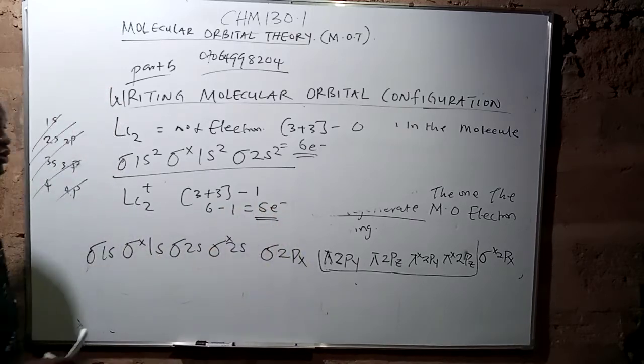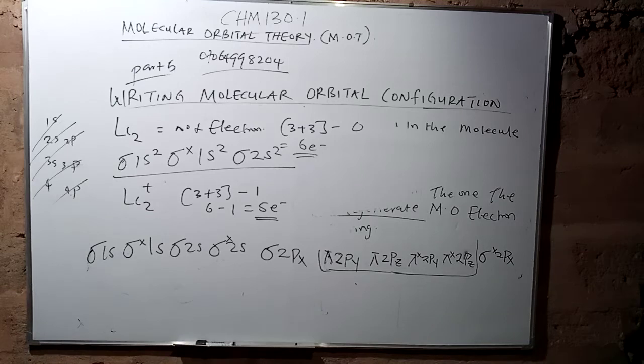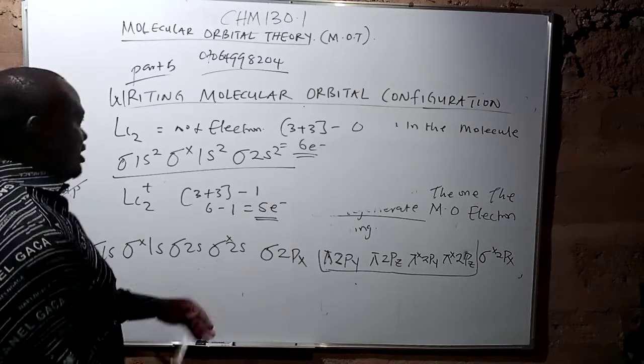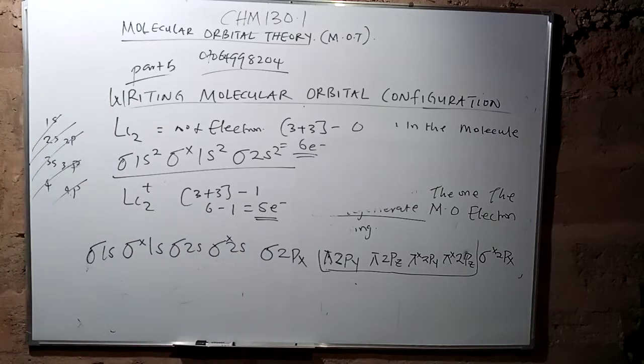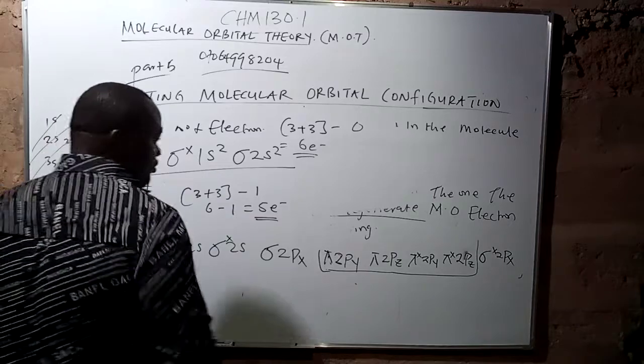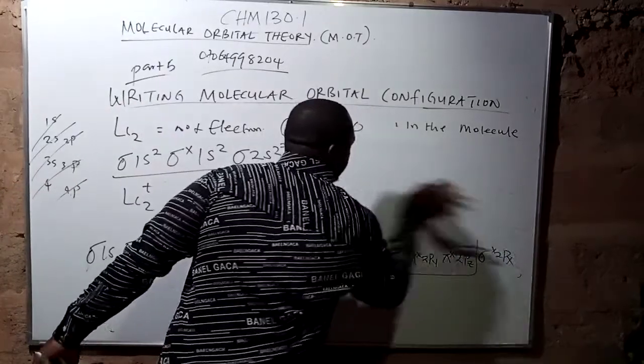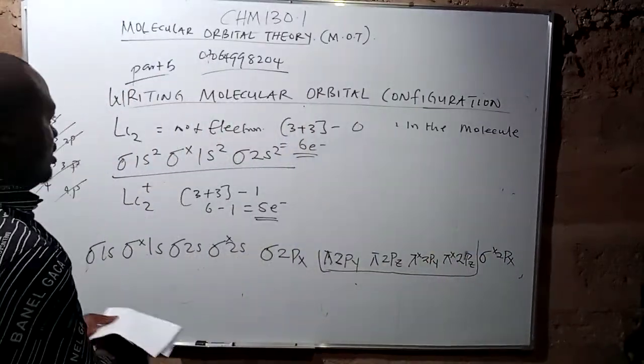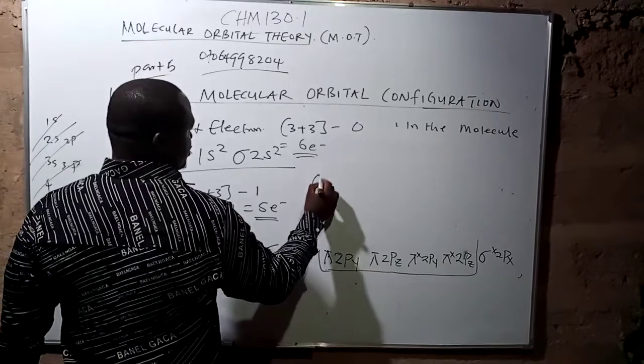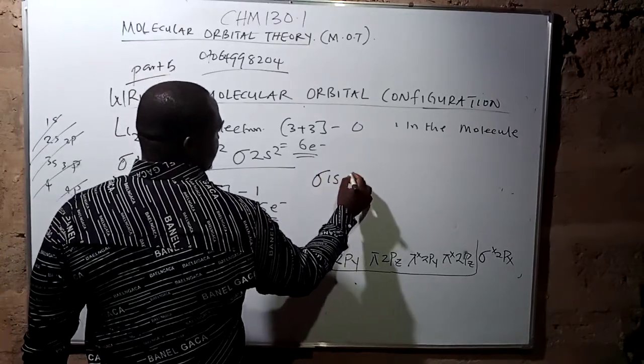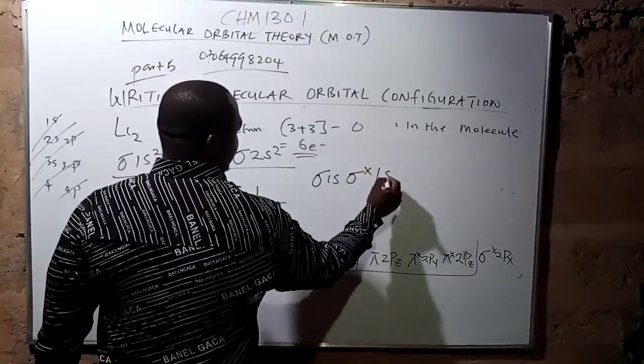The next thing is for you to proceed to write it. All we have to do now is to proceed to write it. Can you pause the video and get the answer? So all we need to do right now from our standard, here, it's not going to be sigma 1s, antibonding sigma 1s.